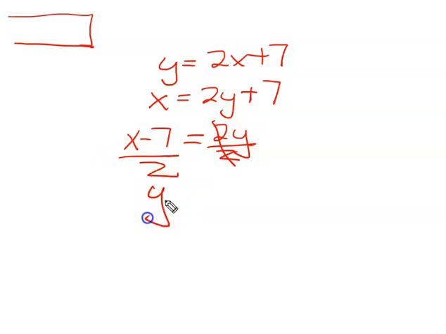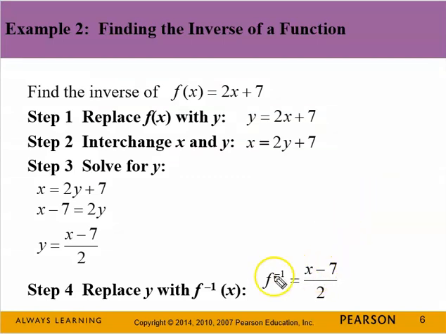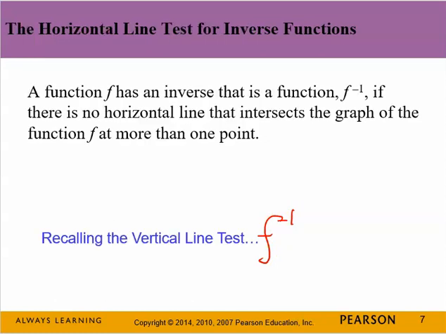And we then get y equals x minus 7 over 2 is the inverse. And now let's see it officially done here. And there you go. So the symbol for inverse, again, it's not a negative exponent, it's just the symbol for inverse is this. All right, well done there. Okay, let's go on.